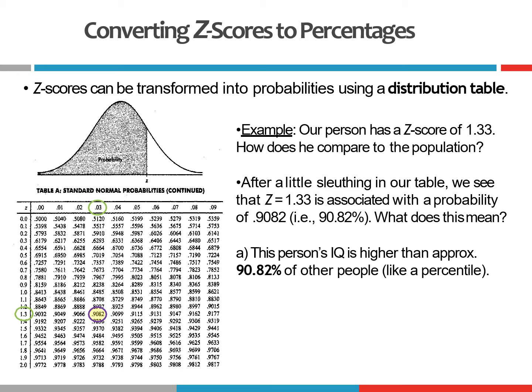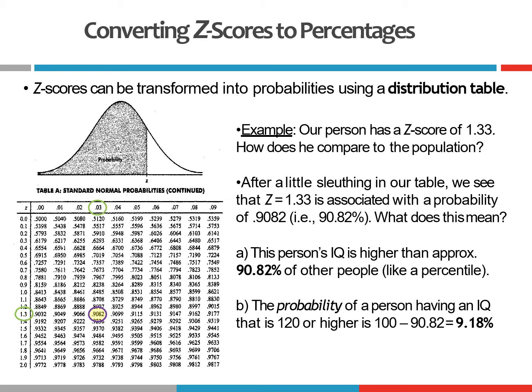Okay, so a person who scores an IQ score of 120 has a higher IQ score than approximately 90.82% of people. Okay, and another way to think about it is that 90.82% of people have a score below 120. Okay?